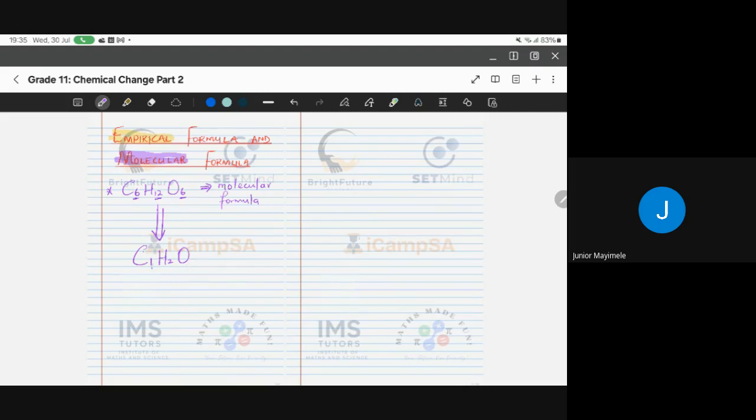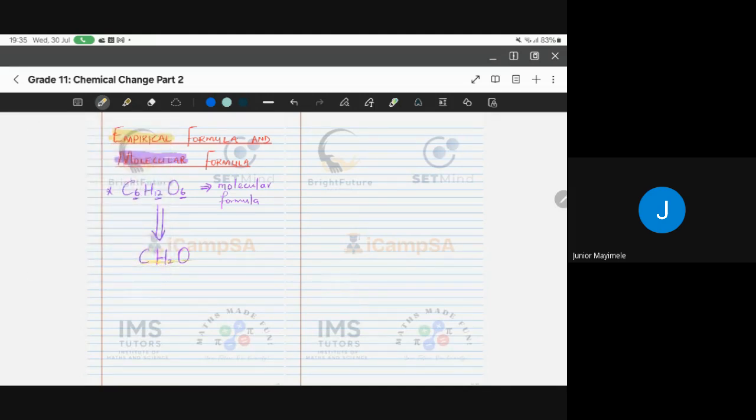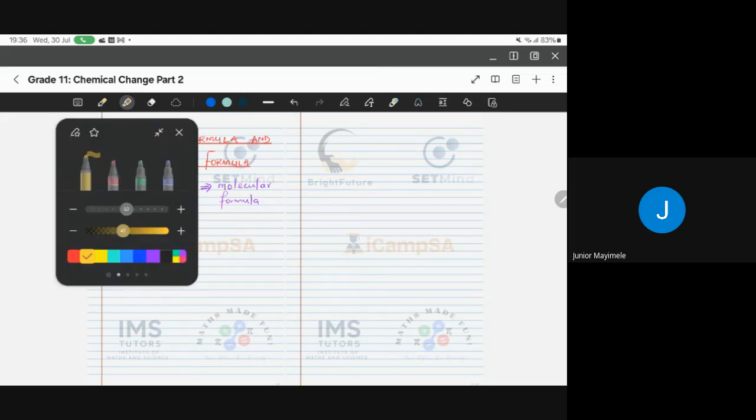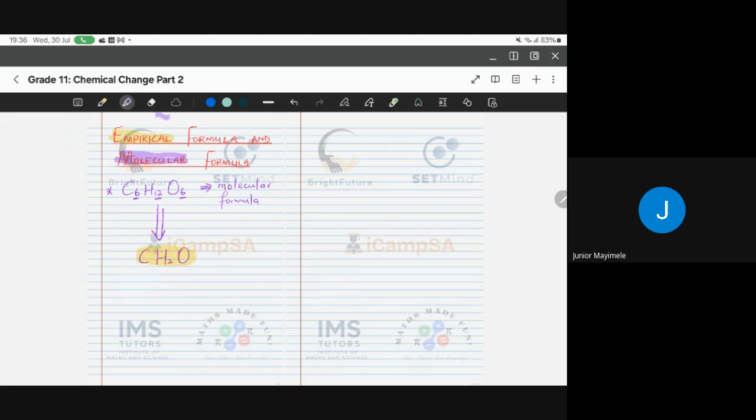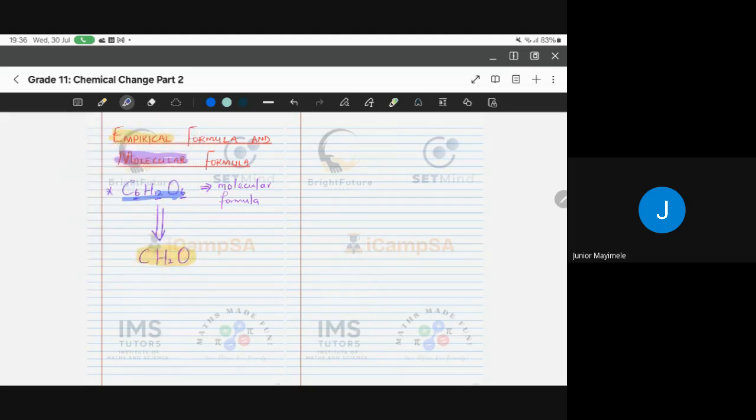We omit them. So you should have CH2O. And that's the difference between an empirical formula, which is this guy, and the molecular formula, which is that guy.